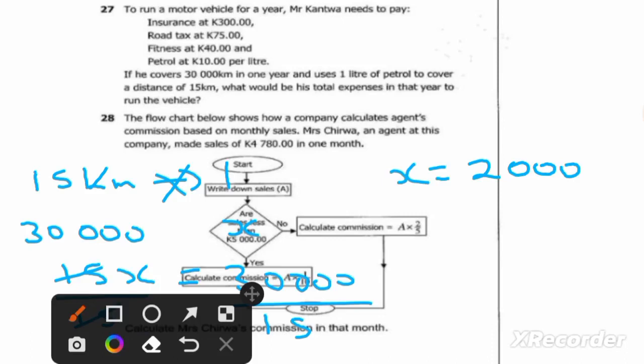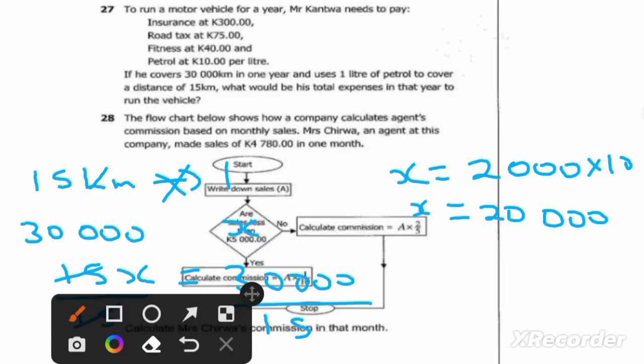And we are told that each liter of petrol costs 10 kwacha. So 2,000 times 10 is equal to 20,000 kwacha.